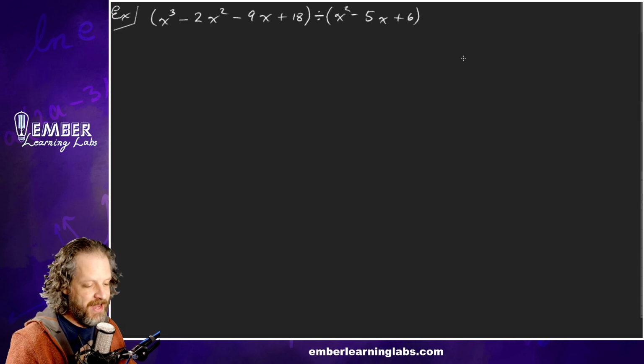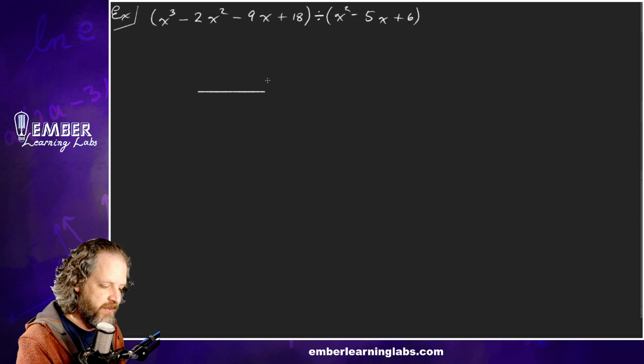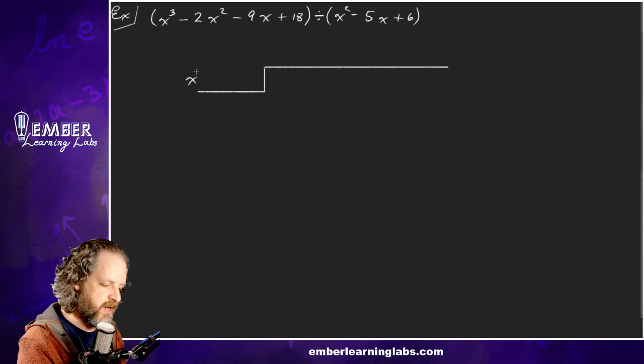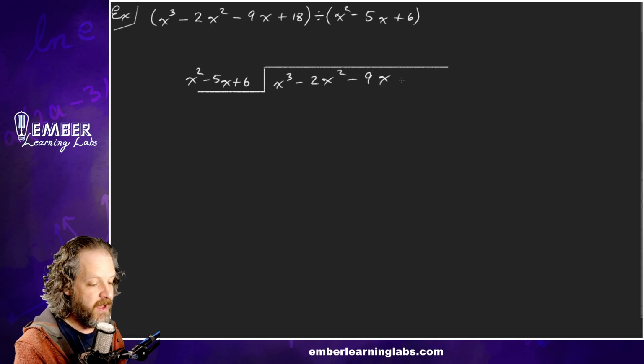It looks scary, but this one's actually kind of easier than the other ones that we just did. I'll show you. All right, so we're going to put the bottom one on the porch: x squared minus 5x plus 6. This one in the house: x cubed minus 2x squared minus 9x plus 18.